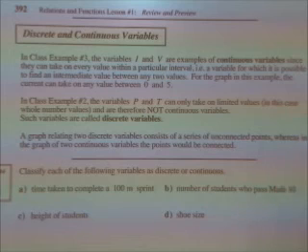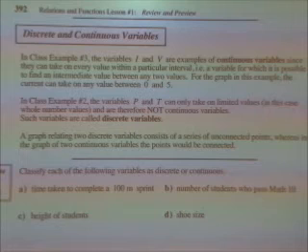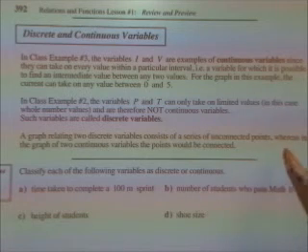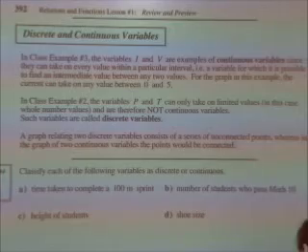In class example number 2, P and T, the number of toothpicks and the number of triangles, could only take on limited values, whole numbers, and therefore they're not continuous. These are called discrete variables. When you are graphing, discrete variables are unconnected dots or points, whereas continuous data can be joined by a straight line.